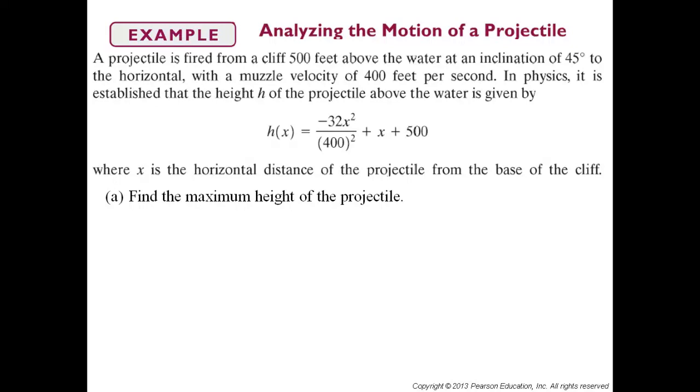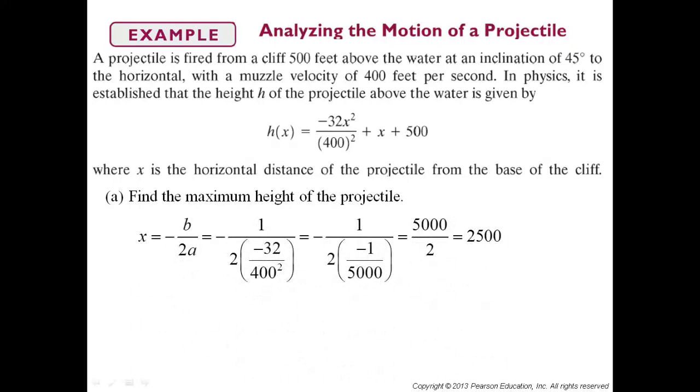It says find the maximum height of the projectile. How high did it go? What is the maximum height going to be in the what of the parabola? The vertex of the parabola. The y value of the vertex of the parabola. Okay. Negative b over 2a. A is kind of wonky here.